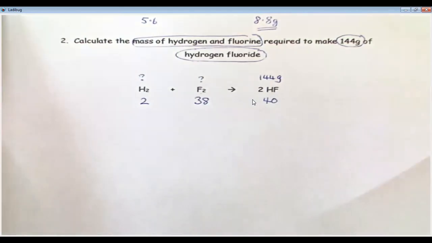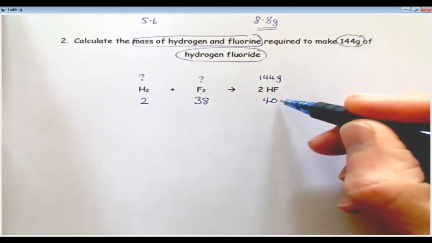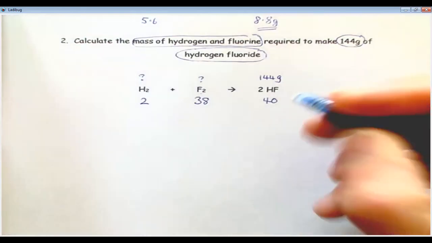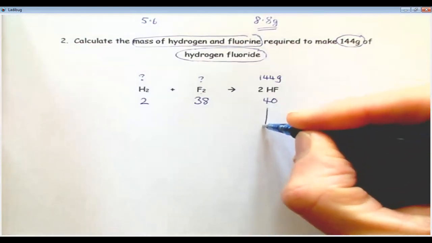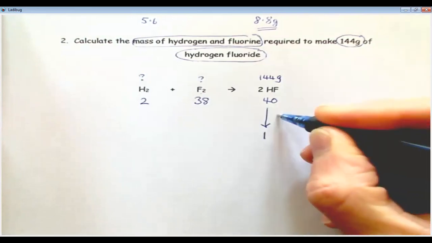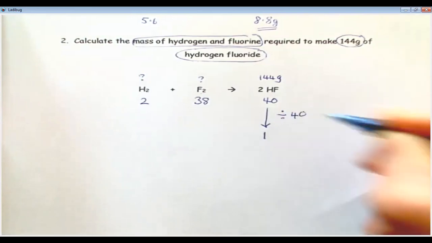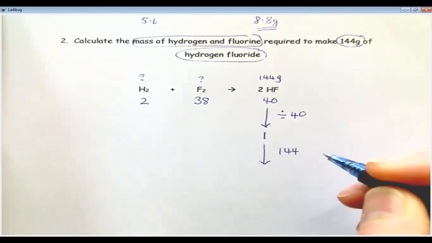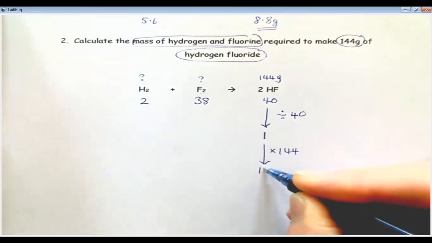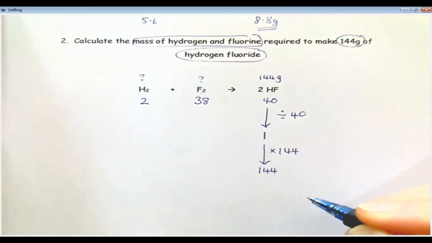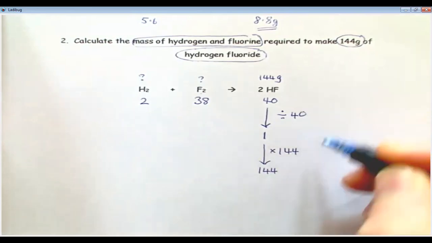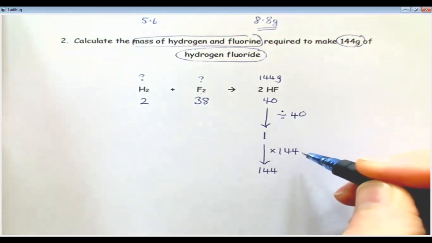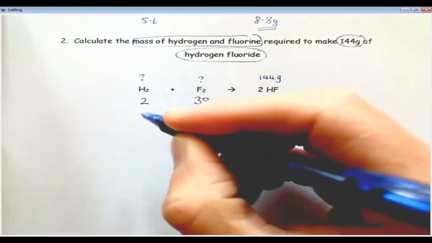Now, what we're going to do next is convert our 40 into 144. Same principle. Convert it into 1 by dividing by 40, and then convert it into 144 by timesing by 144. Whatever you do on this side, dividing and timesing, you do it for the things that you're being asked to solve in the question, which is both of them this time.